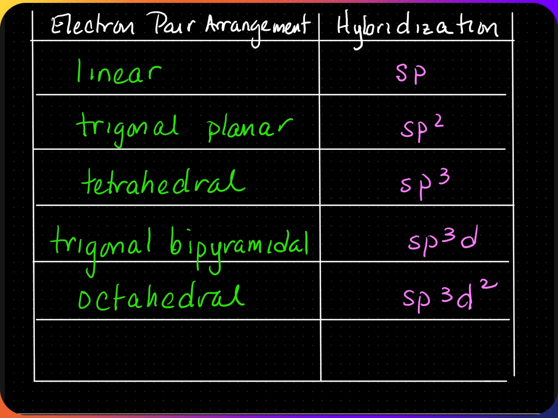When we account for hybridization, we look at the electron pair arrangement and not the molecular structure. As we stated before, a single, a double, a triple, and a lone pair each count as one. From quantum numbers, in order to have a p orbital, you must have an s orbital first.